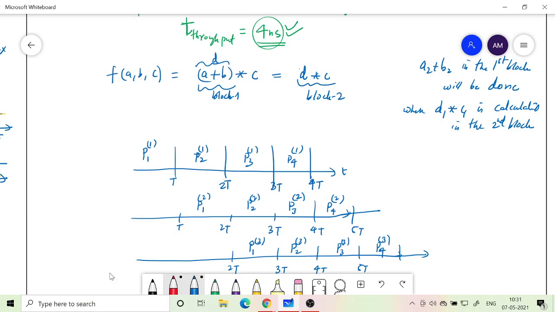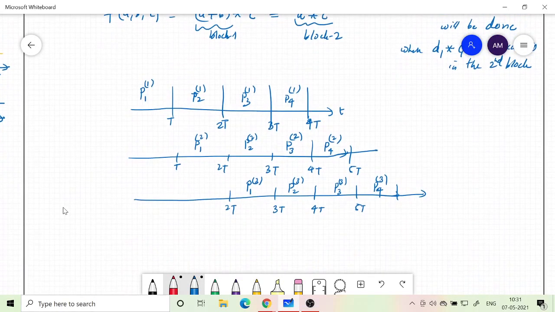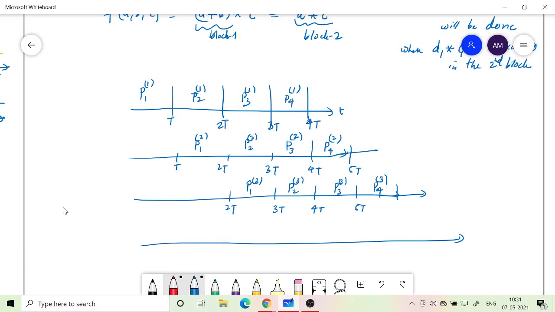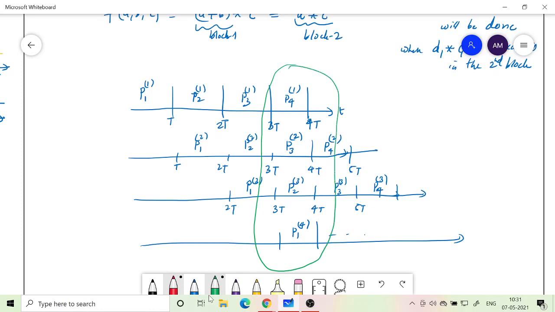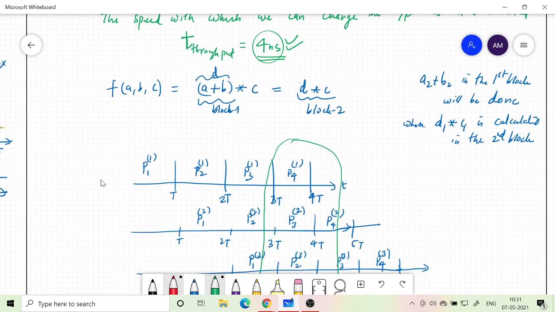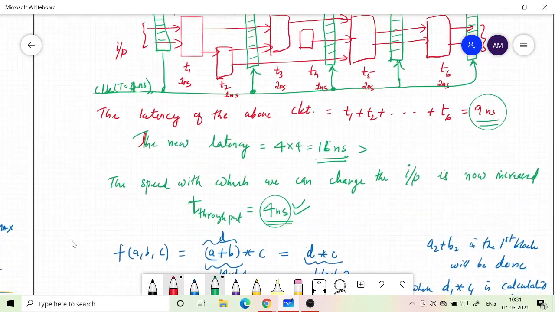Similarly I can add one more. Here my P1 on the fourth input, and it continues. If I look at this particular time, the first block is acting upon the fourth input.